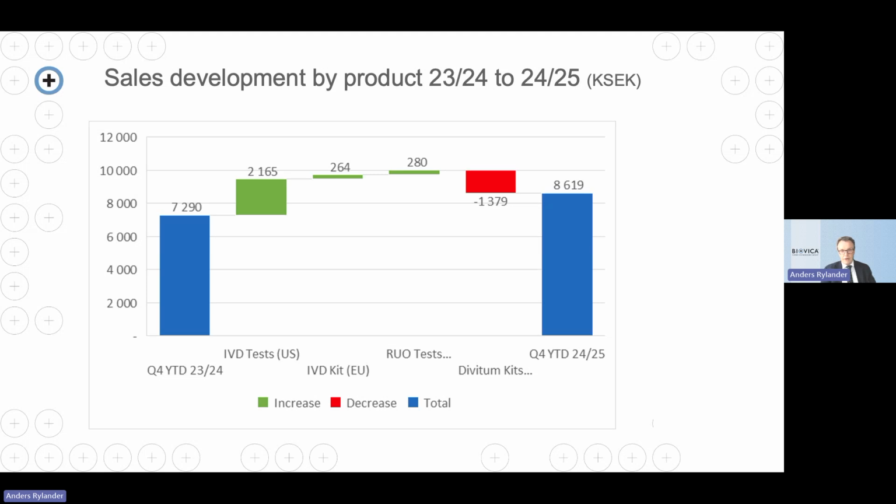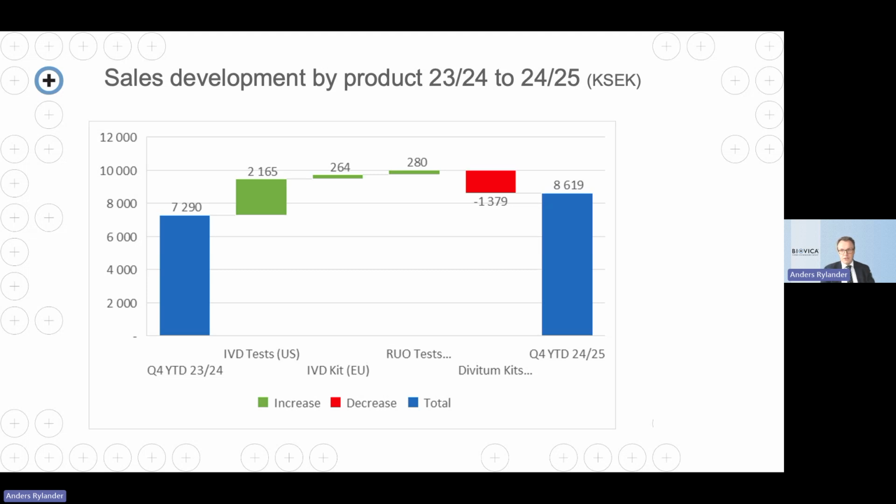As I've said earlier, there was a big number of kits sold to a clinical trial back in Q2 last year, and that trial was finished. So we haven't seen that sales. However, we see an increase in interest in performing clinical trials in China.